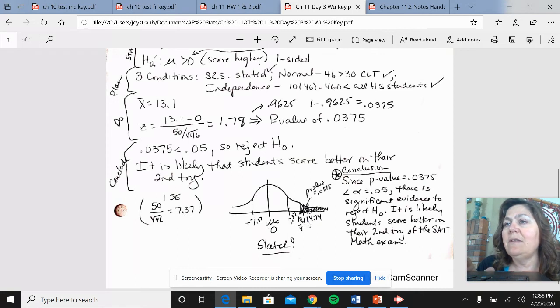So here's 7.37, and then our next one over would, of course, be double that, 14.74, and 13.1 is prior to that, but that should make sense to us because z was less than 2. So we know we're less than 2 standard deviations away. We shade the tail to the right because it's a right-tailed test, and we must put the p-value on it, which is this 0.0375. There you go.